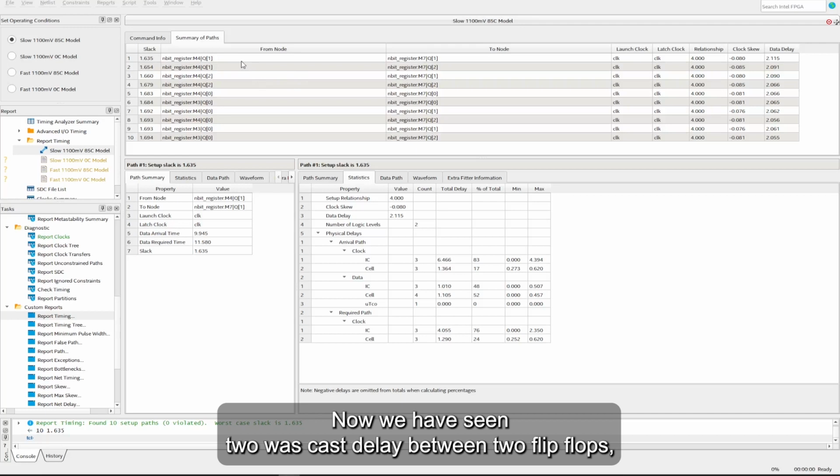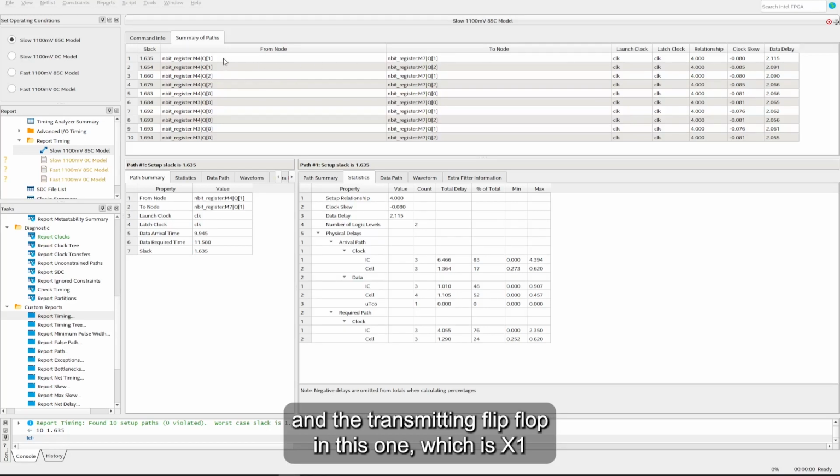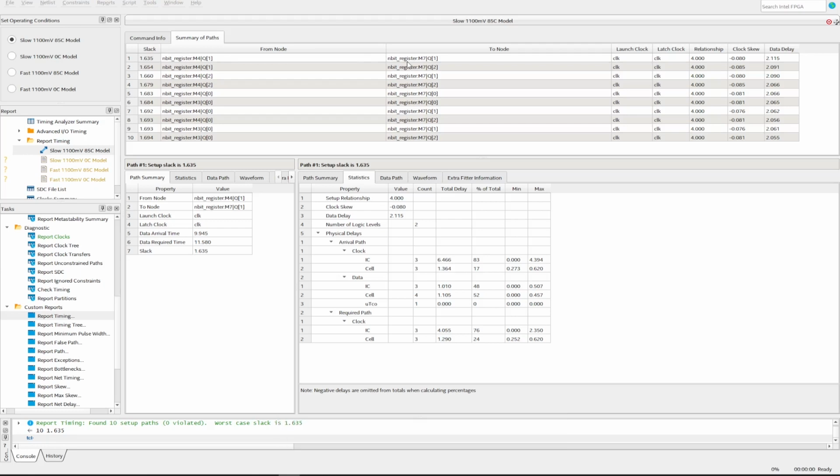Now we have seen the worst case delay between two flip-flops, which is about 2.11 nanosecond, and the transmitting flip-flop is this one, which is X1, and the receiving register, which is Y1.